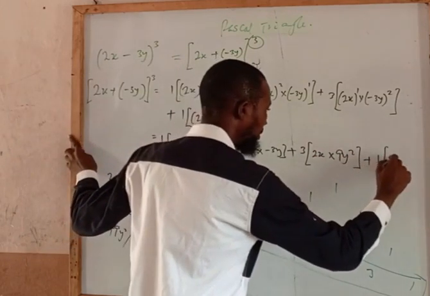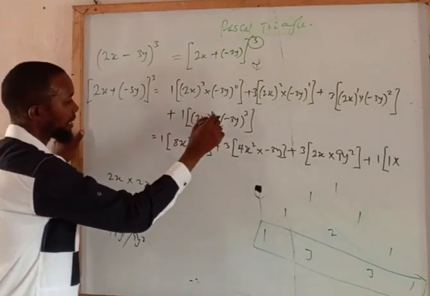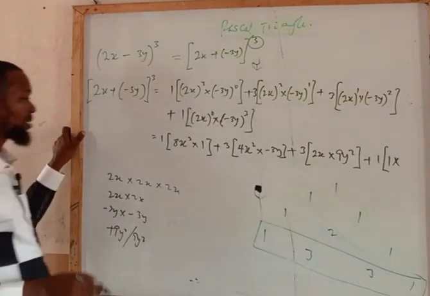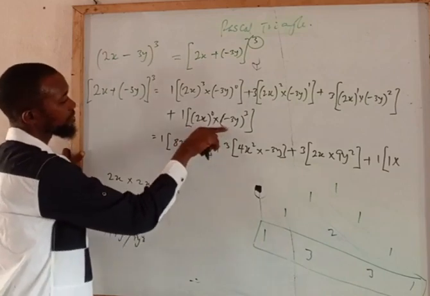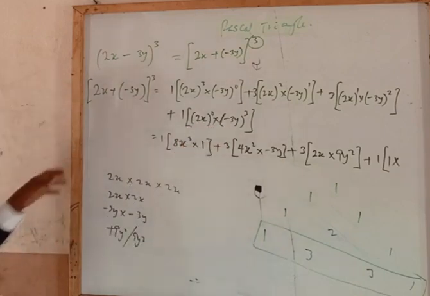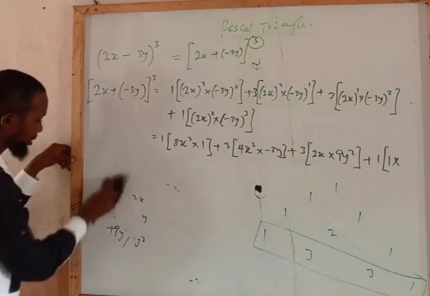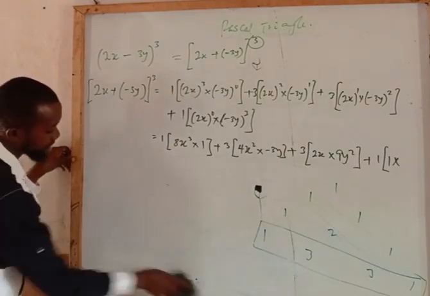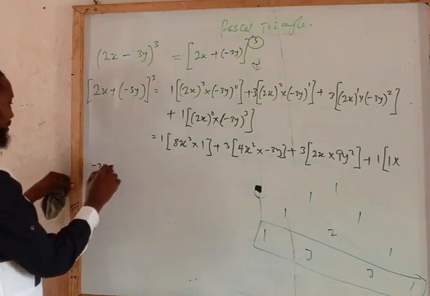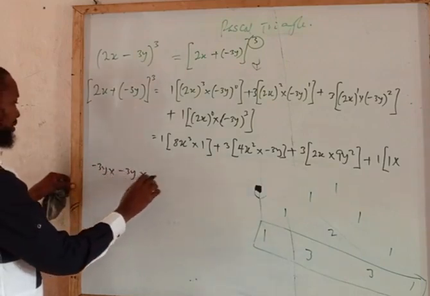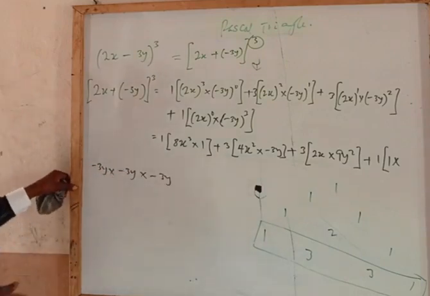There I have 1 multiplied by, and finally, I have minus 3y raised to the power 3. What does that mean? It means this should be repeated 3 times. So I should re-express my minus 3y 3 times. That becomes minus 3y times minus 3y times minus 3y.